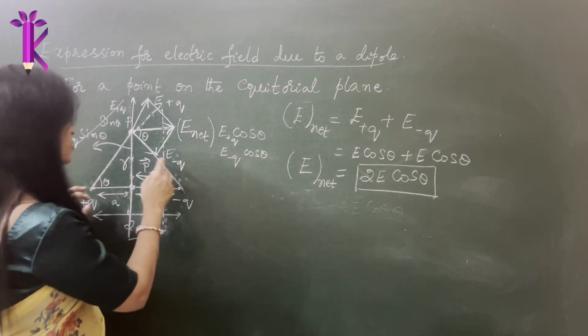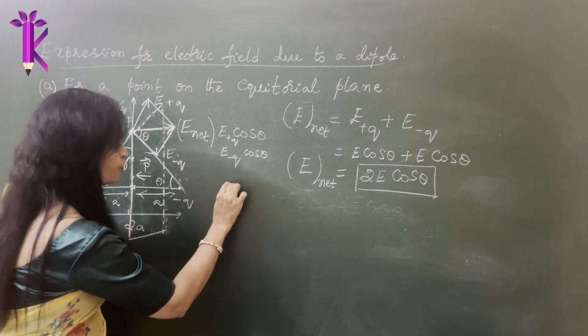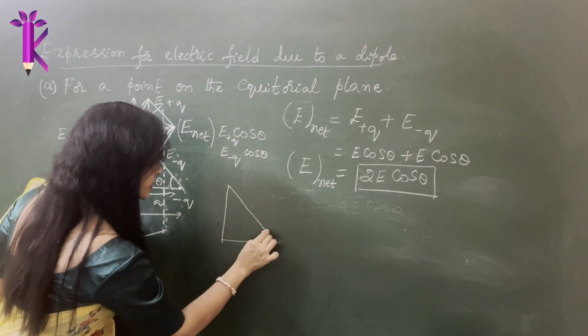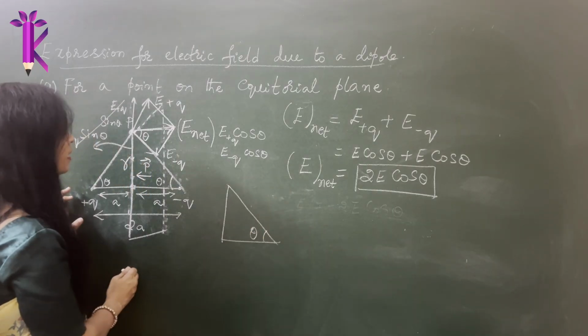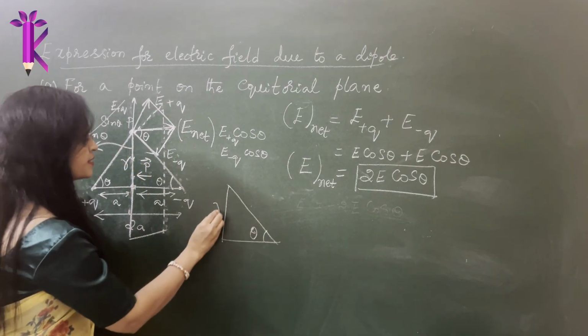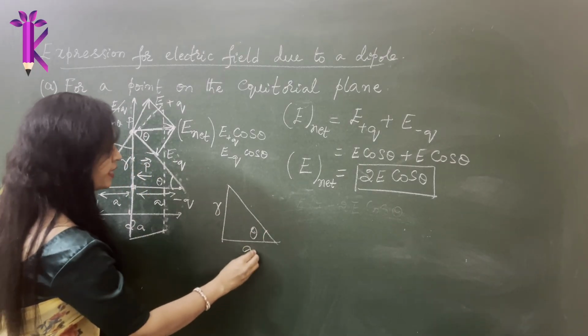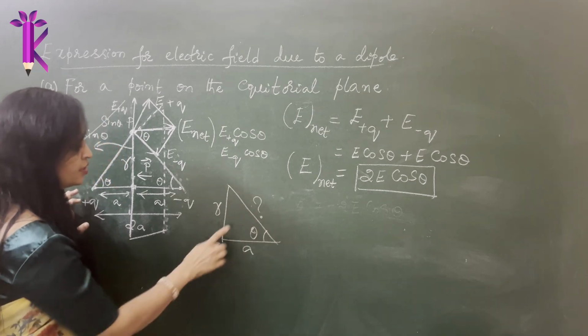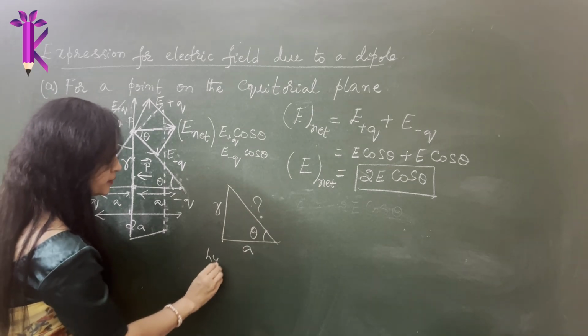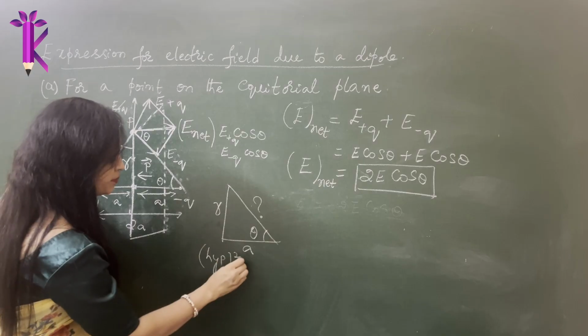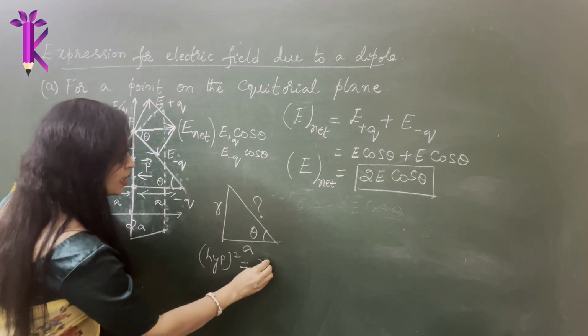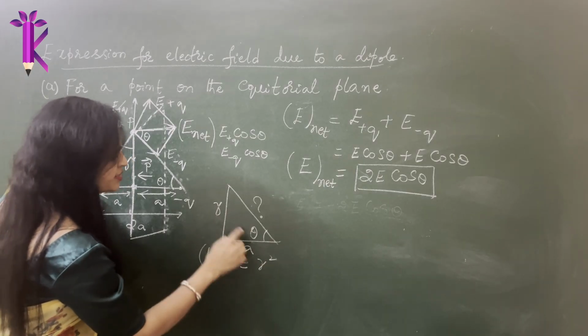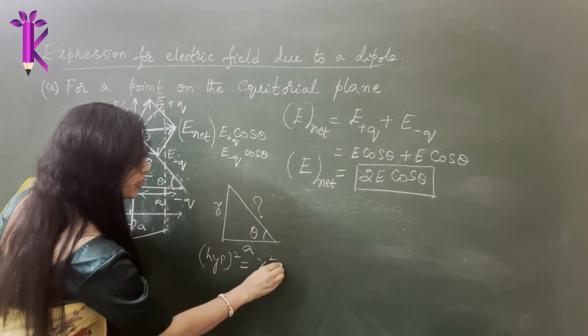So let's take this triangle and calculate the value of cos theta first. This is theta, and this is r, this is a. So what will be the hypotenuse? Hypotenuse square is the sum of the squares of the other two sides, r square plus a square.